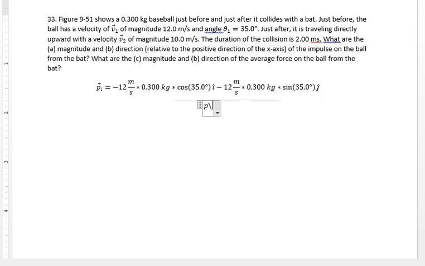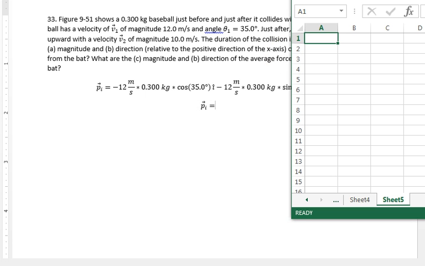Let's simplify this a bit and get the numbers. So we've got minus 12 times 0.3 times the cosine of 35 degrees, and minus 12 times 0.3 times the sine of 35.